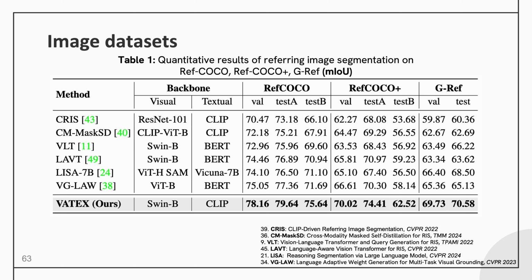Here are some experimental results with VATEX. We evaluate the performance of our model on three standard image datasets: RefCOCO, RefCOCO+, and gRef. Our method outperforms the state-of-the-art methods by a large margin in all splits of different datasets. Notably, our method surpasses the recent VG-LAW, ranging from around 2.2% to 5.5%. Compared to LISA, a large pre-trained vision and text encoder, VATEX also consistently outperforms it by 3 to 5% across all datasets.